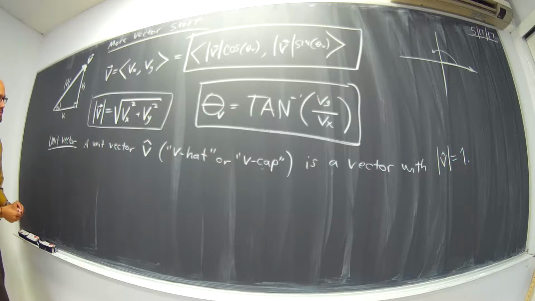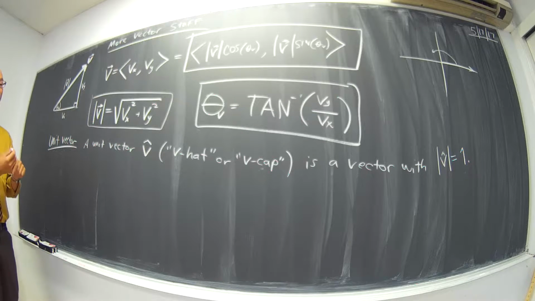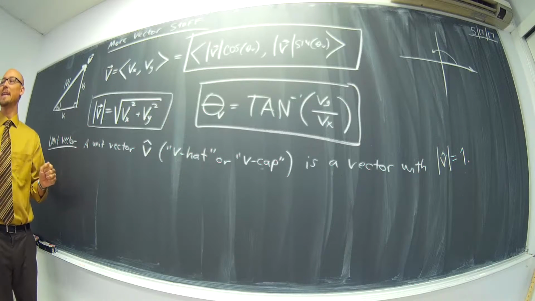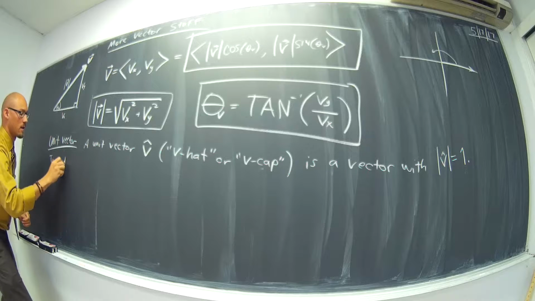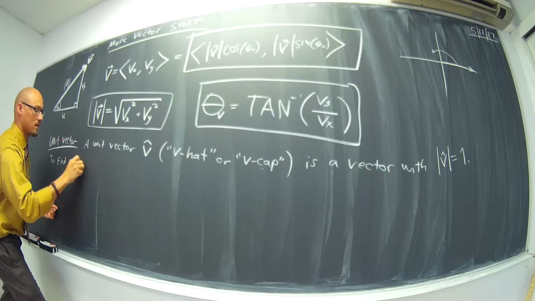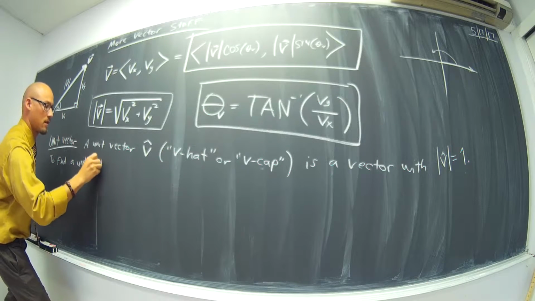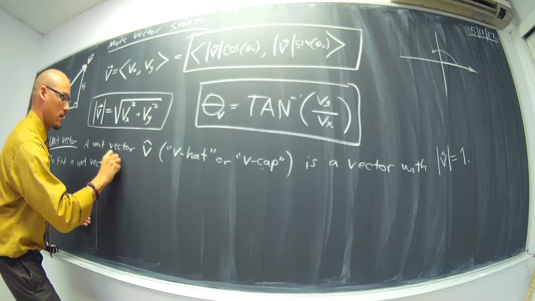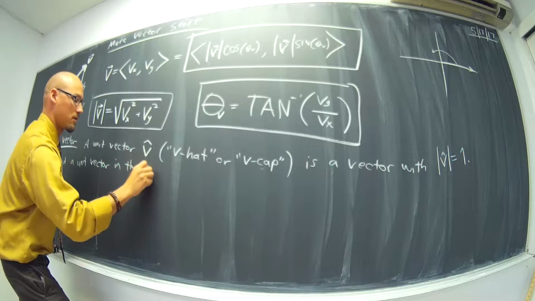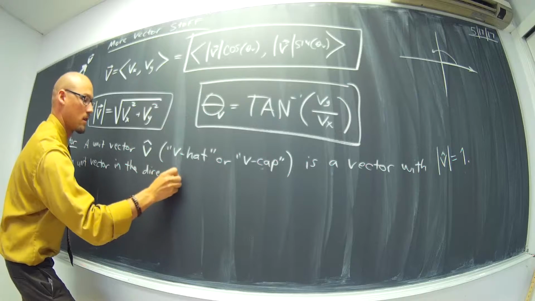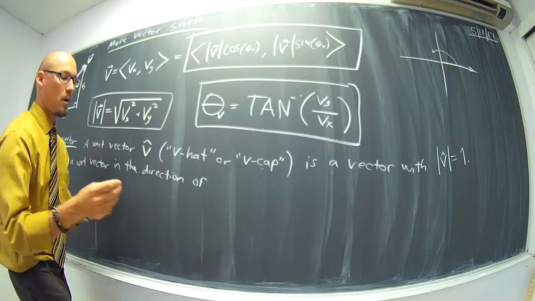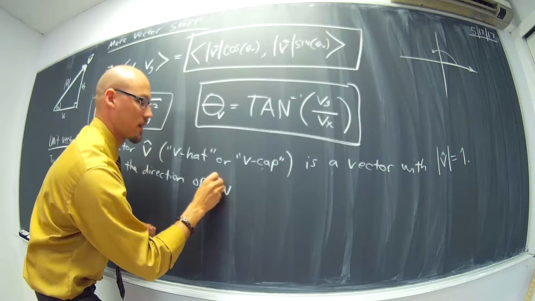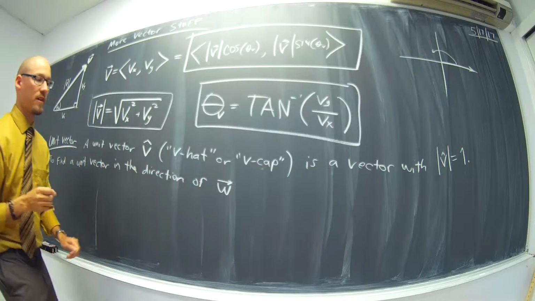You can find a unit vector in the direction of any vector. So to find a unit vector in the direction of, let's use w as another vector, just so you're not scared of using different variables.